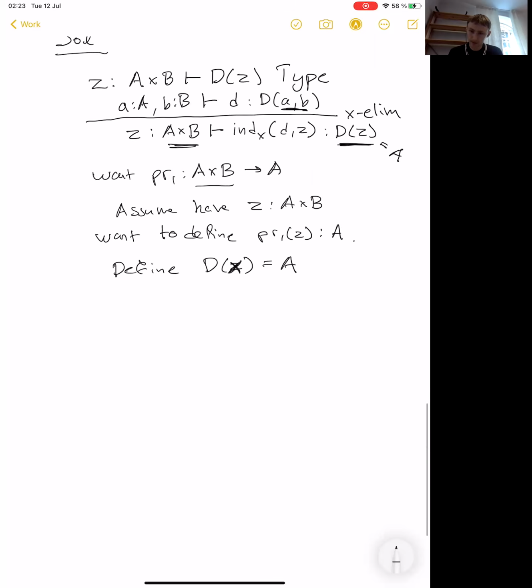So let's try to imitate the rule here. Well, let's try the first line here. Given a point Z in A cross B, well, we certainly have that A is a type, right?